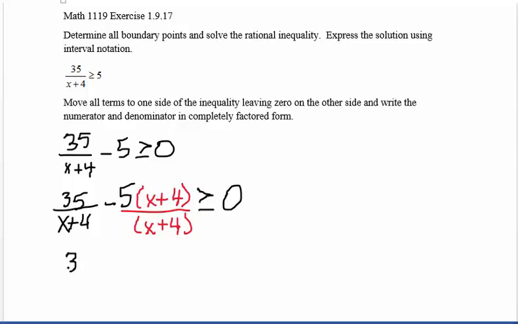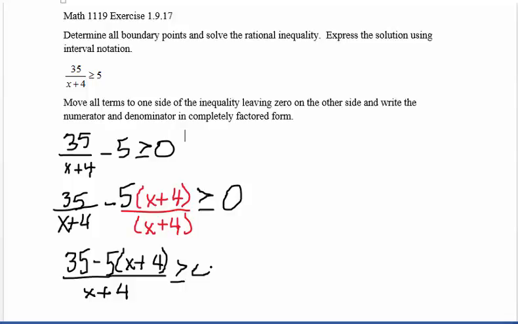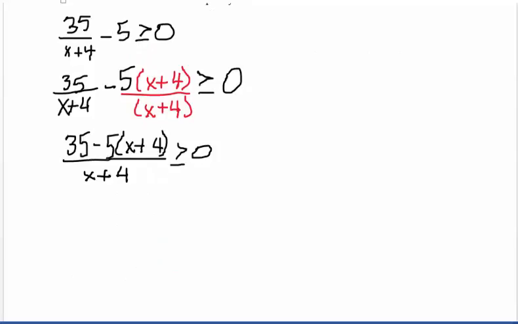Now I'm going to simplify this by putting the subtraction over the common denominator, x plus 4. Once the denominator is common, we simply put both expressions over that denominator.